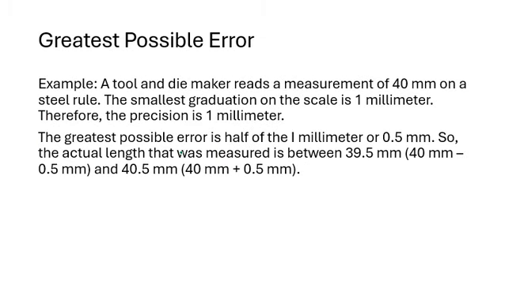Here's another example. Let's say you have a tool, and the die maker reads that tool measurement about 40 millimeter, and he uses a steel rule. The smallest graduation on that scale is 1 millimeter, so we know the degree of precision is 1 millimeter, and we divide that by 2, so we get 0.5 millimeter. His reading is 40 millimeter, so every time we give the report, we usually go 40 millimeter minus 0.5, and 40 millimeter plus 0.5.